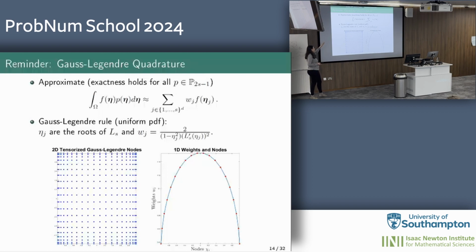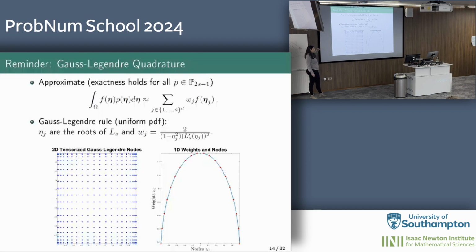And you have exactness for polynomials up to the degree of 2s minus 1 when you have s samples. I want to use a very specific rule, the Gauss-Legendre rule, in order to do this integral approximation. And the Gauss-Legendre rule just uses the uniform density function as a weight function.